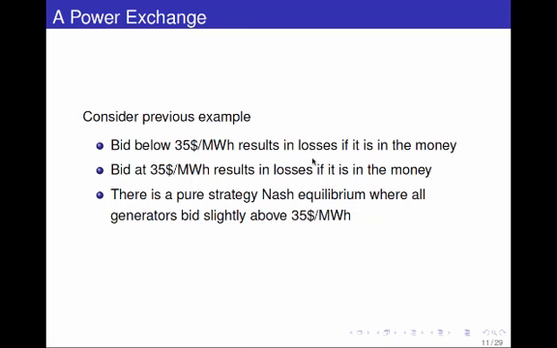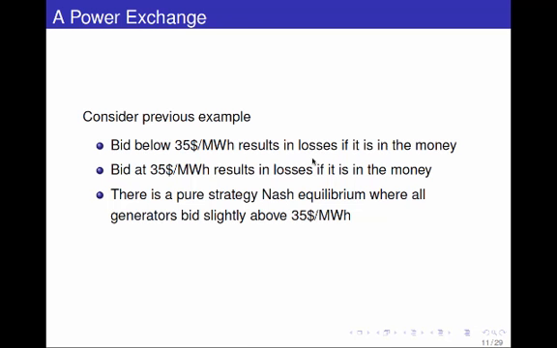I had not formally proven it, I just thought the way exactly you're thinking now. And I think that a pure strategy equilibrium is $70 per megawatt hour bid by everybody. I think no one has a unilateral interest to deviate from that.